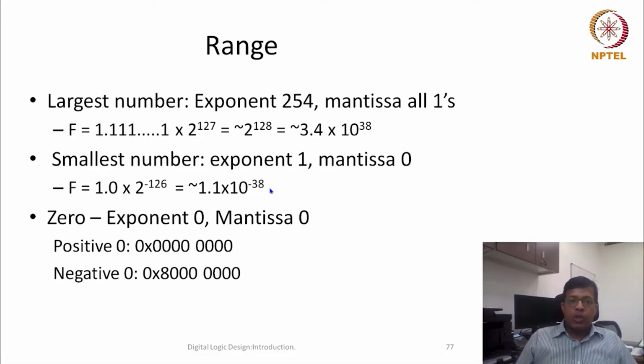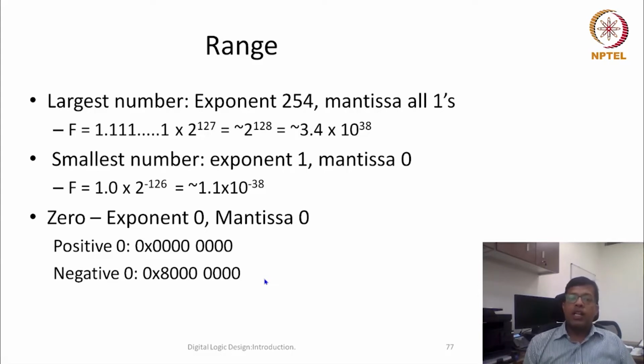Now what about 0? If I put the exponent and mantissa both as 0, there would be two zeros, one positive 0 and another negative 0. In one of the previous lectures, when we were discussing negative numbers, we were highly objecting to there being two different notions of zero. But here we are accepting that 0 will have two different representations. Why?